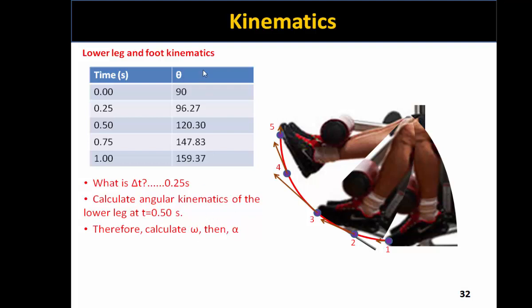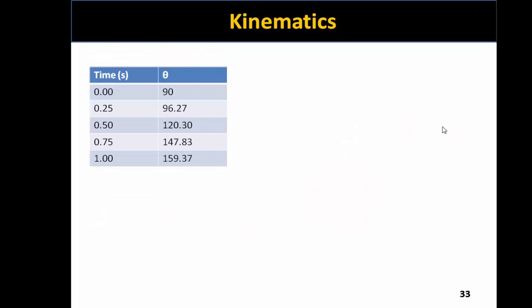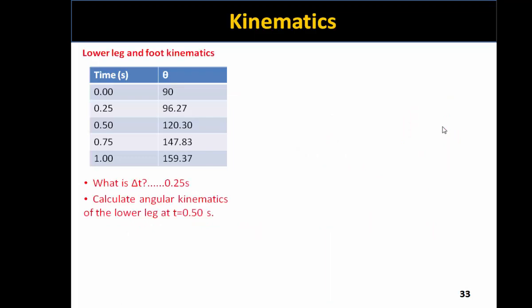The second column here at each point is the angular position in degree units. If we go to our picture here, we see that in terms of the rotating variables, we have theta, omega, alpha, the three respective angular kinematic measures, and we will eventually move to calculating the linear kinematics of the foot.